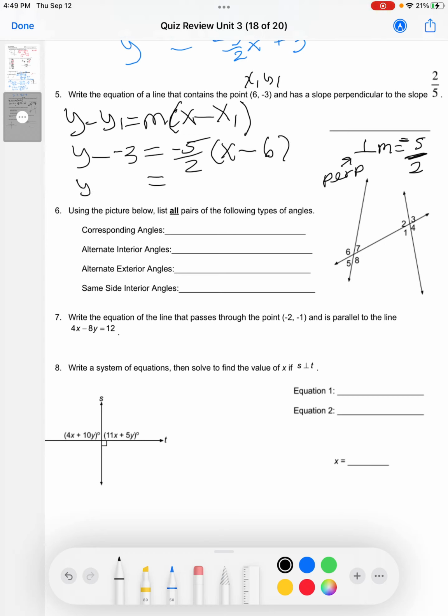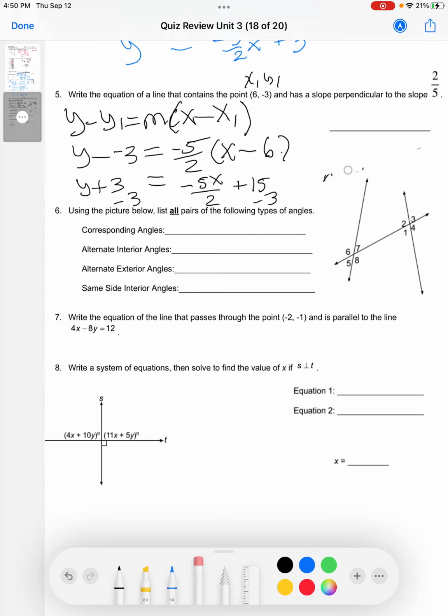It says write the equation. So this becomes y plus 3. Hopefully I don't run out of room here. It looks like I might be running out of room. So -5x/2. And then -5 times -6 is 30. 30 divided by 2 is 15, so plus 15. Now I'm going to subtract 3 from both sides.